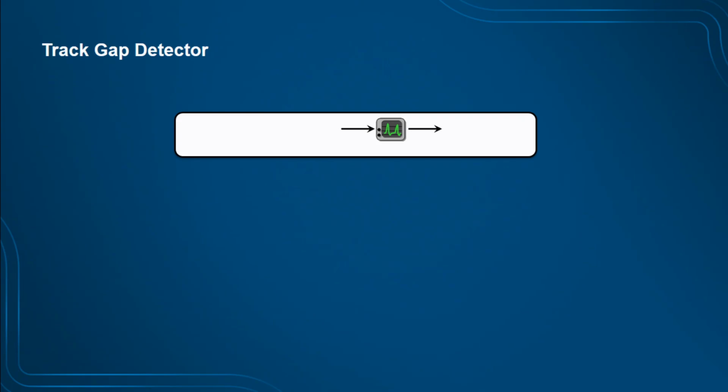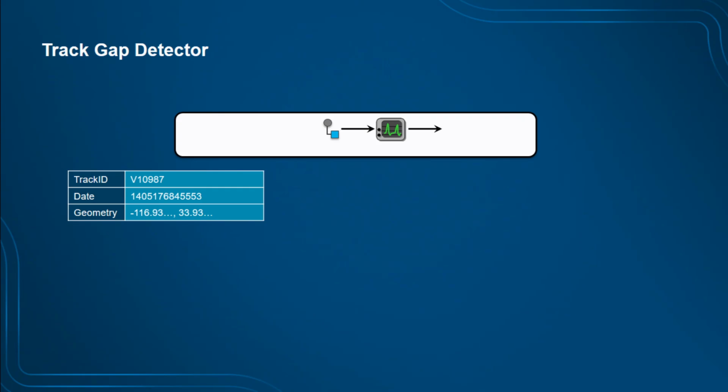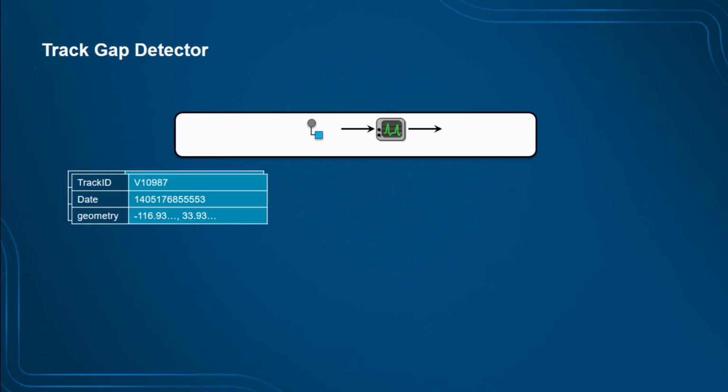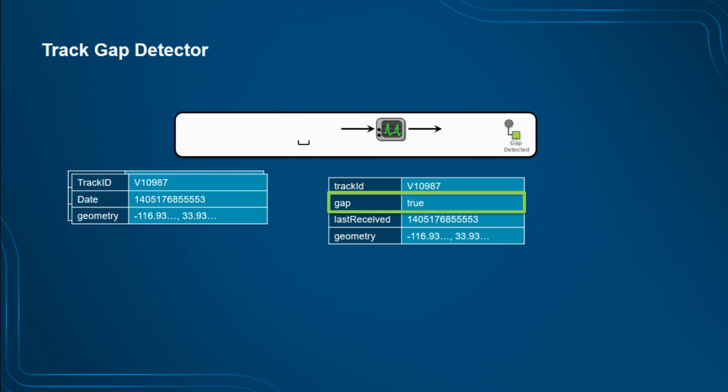So in practice, the way it works, the first time it receives a message for any track ID that it's never seen before, it opens a log for that track ID. And then as long as it continues to receive additional messages for that same track ID within the specified time window, it's happy. But when the time interval passes without receiving any updates for the track ID, it issues a track gap event with a gap attribute of true, as well as with the geometry and the timestamp of the last received event.